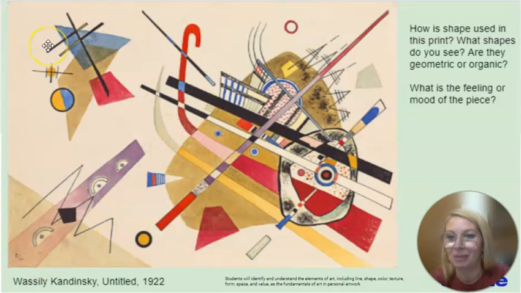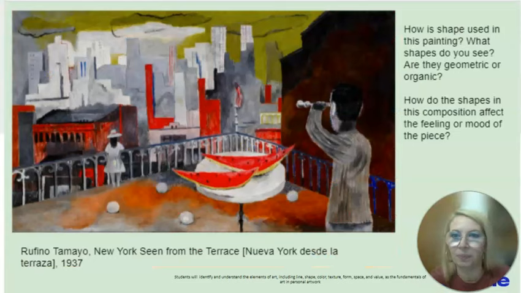So are the shapes geometric? Are they organic? What's the difference? Do you know? There's something to Google. What is the feeling or mood of the piece? How does it make you feel when you look at this? This is a Kandinsky. And we'll learn more about him later on in, I think, the spring.